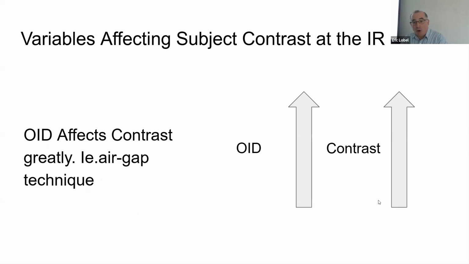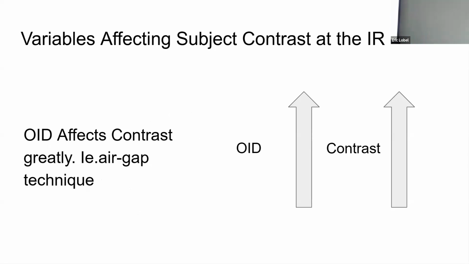OID, we said if you increase OID, that scatter, instead of hitting the image receptor, has a chance to diverge and miss the image receptor. And thus the misinformation or disinformation, that's how I think about it. I think of each photon carrying like a little bit of information, right?